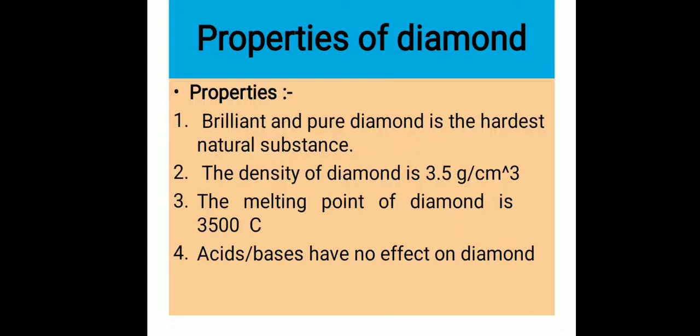Third property, the melting point of diamond is 3500 degrees Celsius. And the last property is that acids or bases have no effect on diamond. So these all are the properties of diamond.